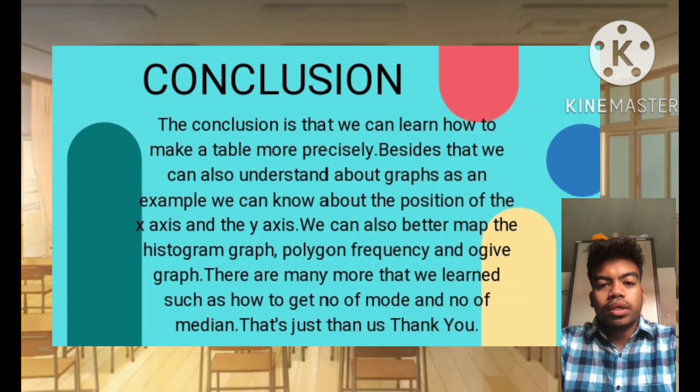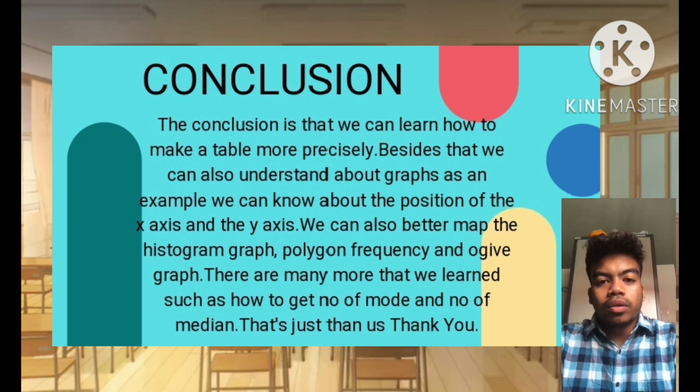Conclusion. The conclusion is that we can learn how to make a table more precisely. Besides, we can also understand about graphs as explained. We can know about the position of the x-axis and the y-axis.